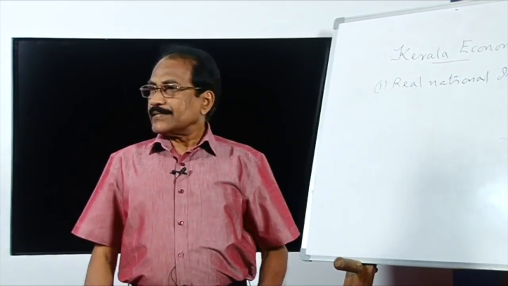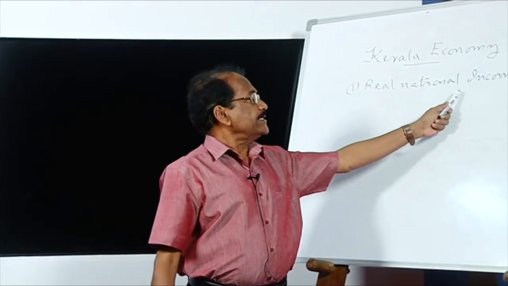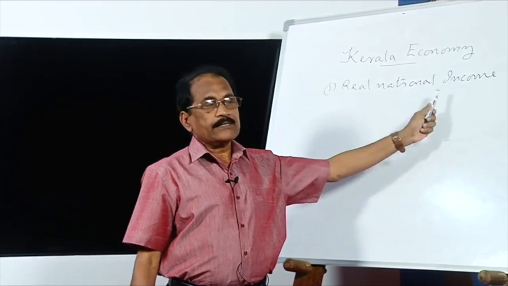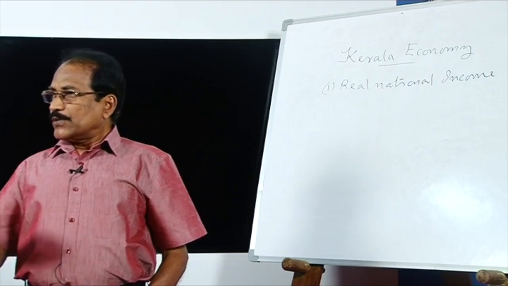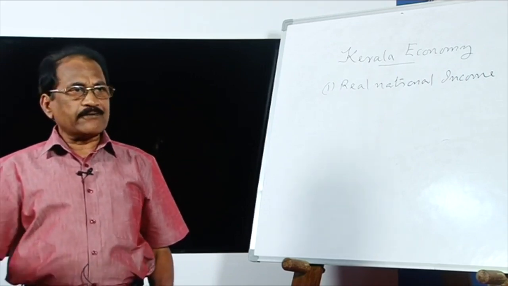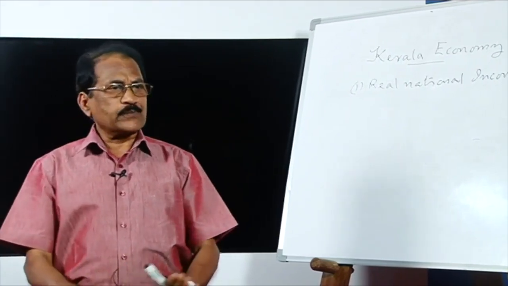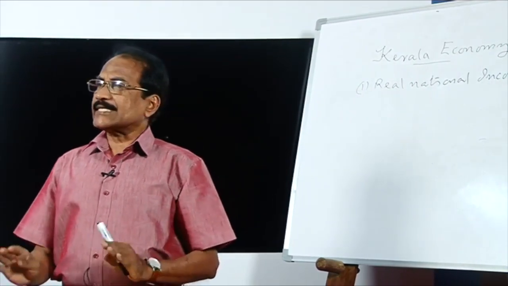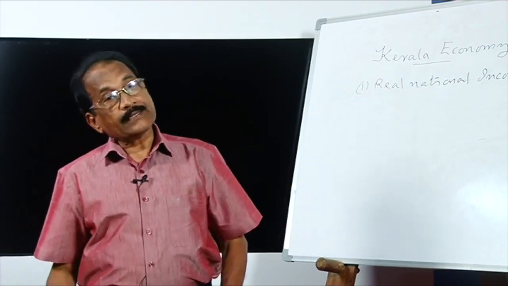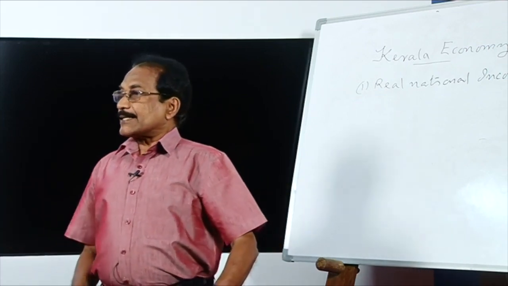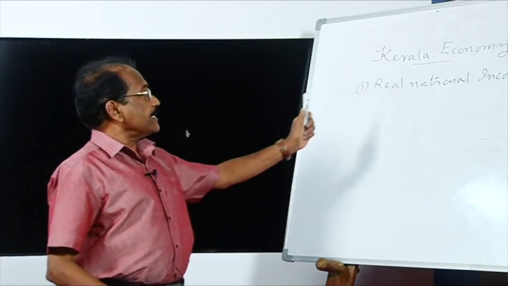If you calculate the national income of a country at a constant base year, it is known as real national income. When that real national income is going on increasing over a longer period of time, there is growth, there is development. As there is no difference between growth and development, the economy is getting faster growth according to the earlier writers. So the indicator, the measurement, the yardstick taken by the earlier writers is the increase in real national income.